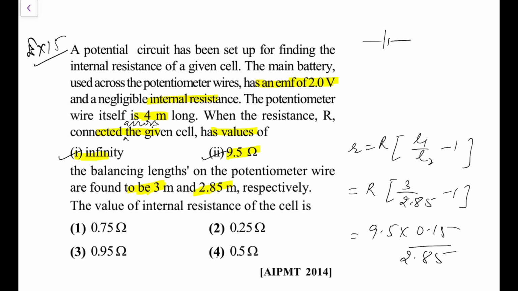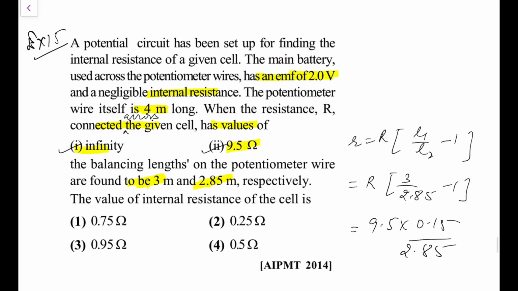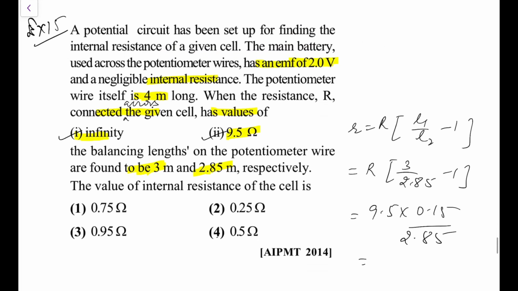And the second time that was connected, so that internal resistance can be measured. So that is what you have to do from here. So what we are left with now, calculate it. 9.5 into 0.15, so 15 table, if it comes, yes it comes. So I can do this. 15, it would be 21, and this is 135, 19, so 9.5 by 19 you got. So this is 0.5 ohms.